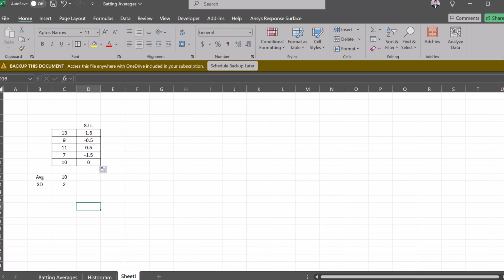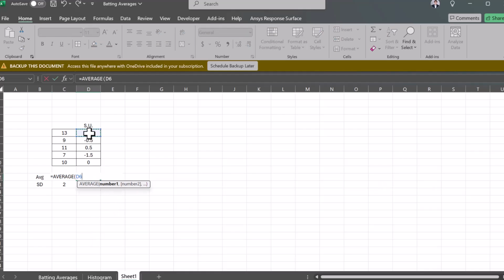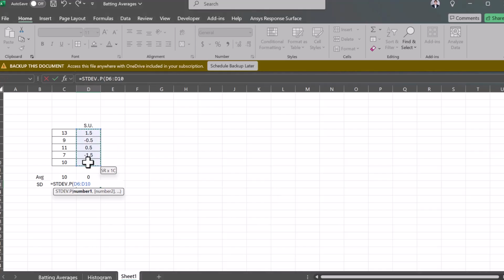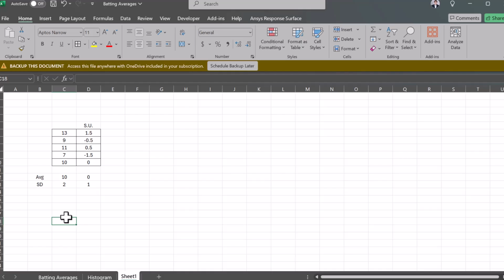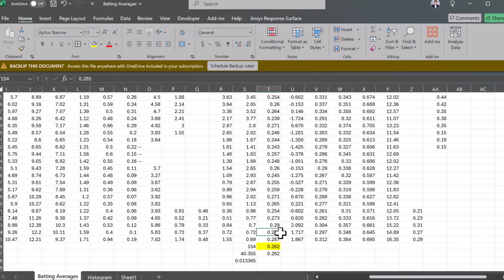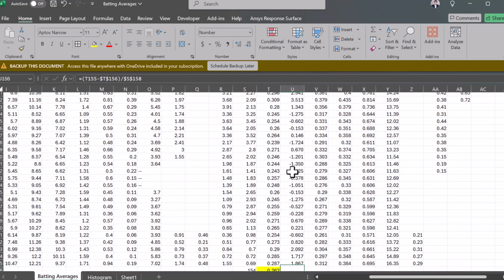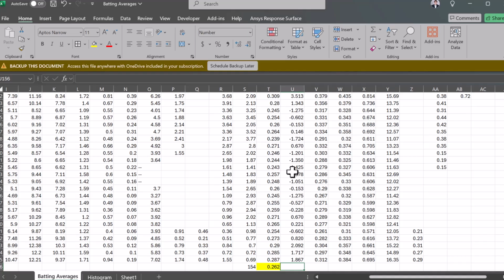So the average is 0, the standard deviation is 1. Let's come here and find the average and standard deviation. So here's the original batting average list. Here is the standard units. Let's find the average and standard deviation of that.